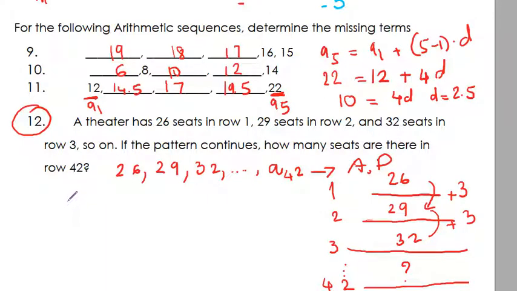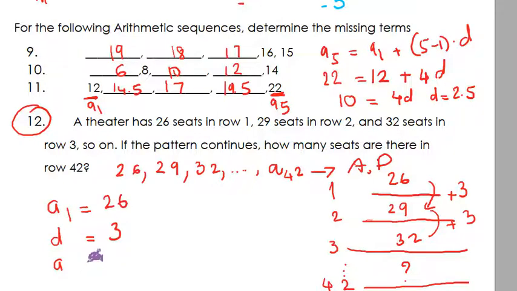A sub 1 is 26. Very good. We don't need A sub 2. We need D. What is D? D is 3.